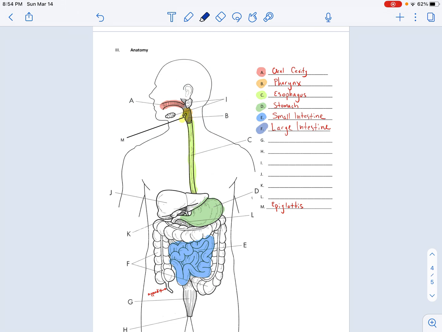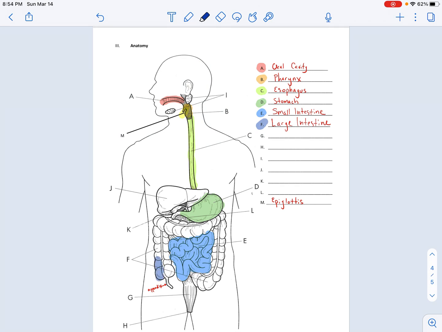So we'll do that. If you didn't already label it, make sure you label the appendix and where that is, because there is no separate label for that one.